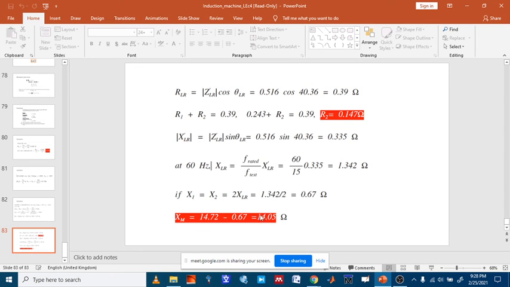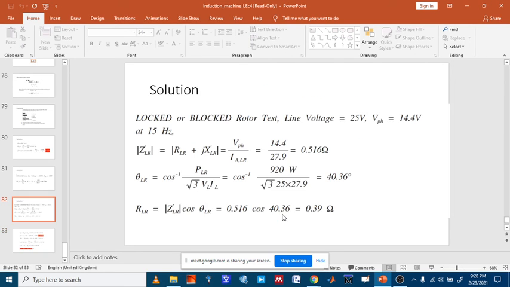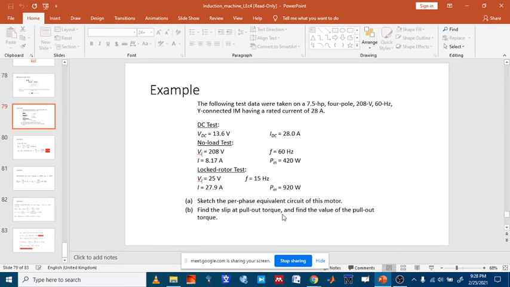The XM will be equal to 14.72 from the Z equivalent, minus X1, which is 0.67, and XM will be equal to 14.05. So these are the parameters of the induction machine. From the tests, we've been able to determine all the parameters. After determining your parameters, you can now draw the perfect equivalent circuit of this motor. So we are done for this slide.